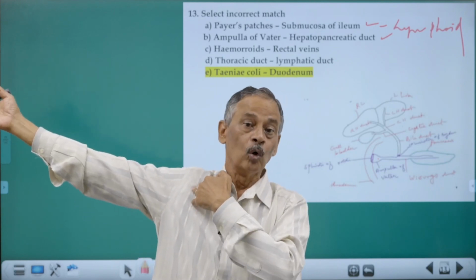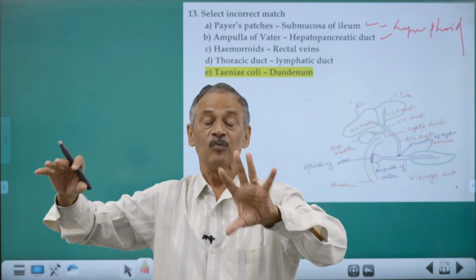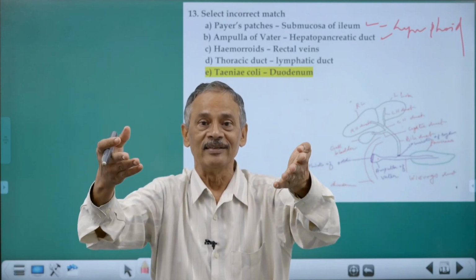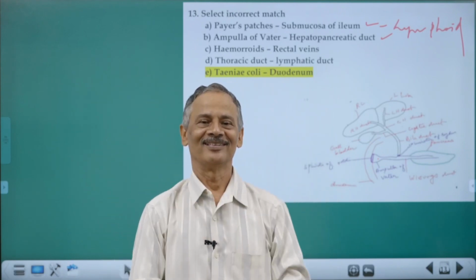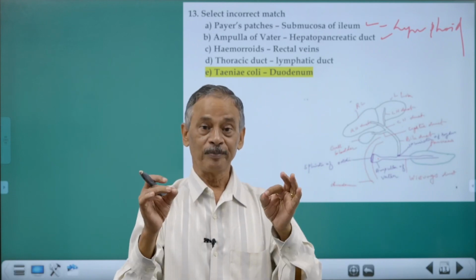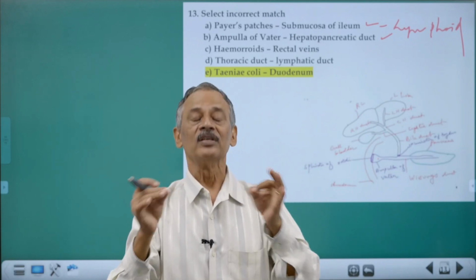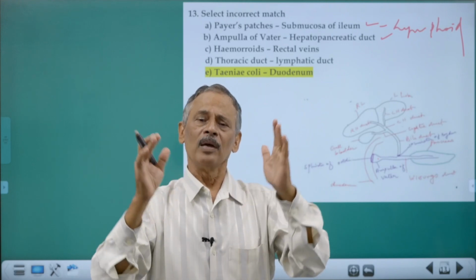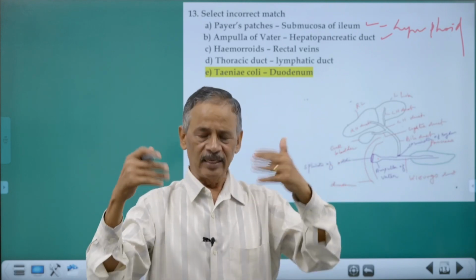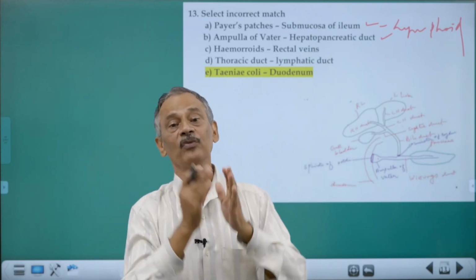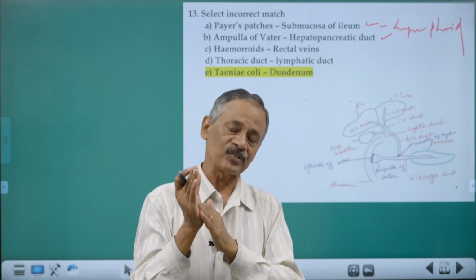That's how the lymph is again joining the blood. So remember, small lymph vessels join to form large ducts.